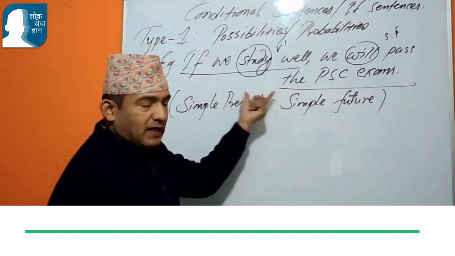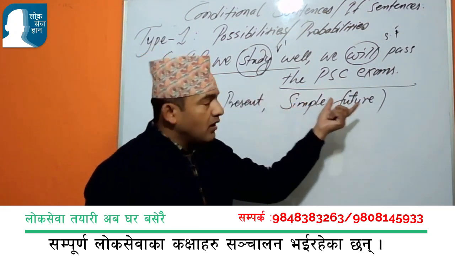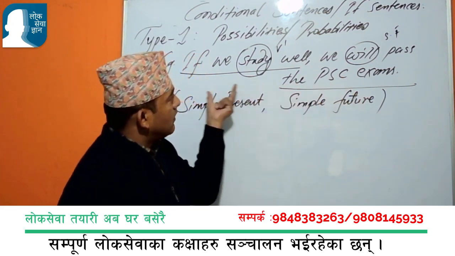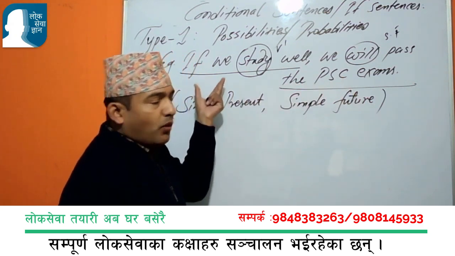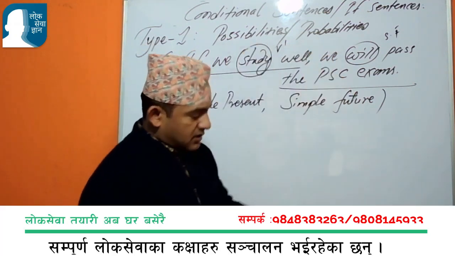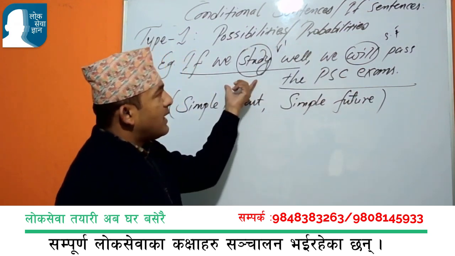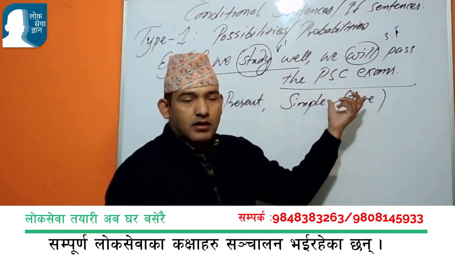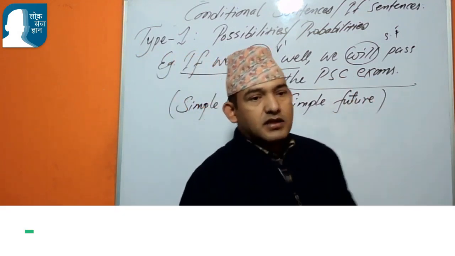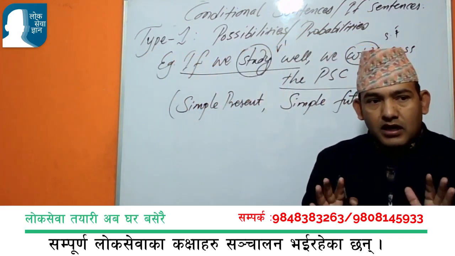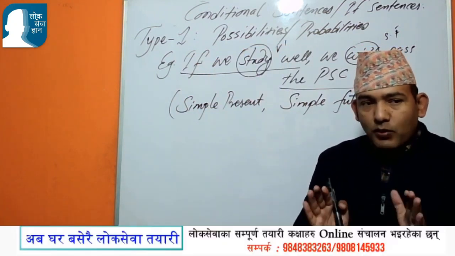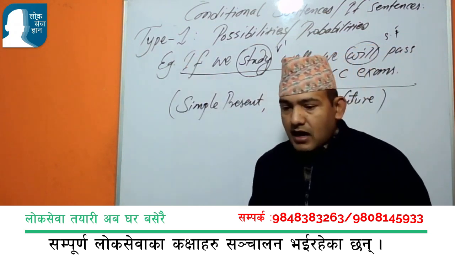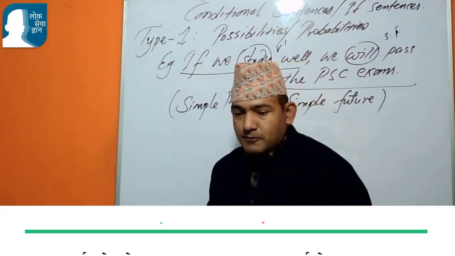And if the meaning is giving possibilities or probabilities. If you study well in the exam, you will pass the Public Service exam, this is a possibility, right? That's why sentences carrying possibility meaning are often known as type 1 conditional sentence.